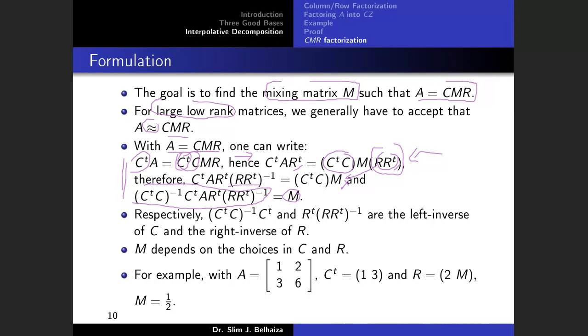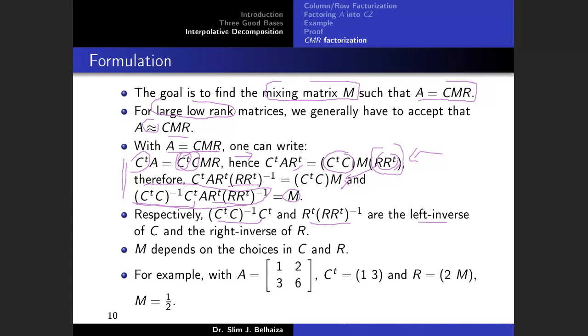So at the end of the day, you end up with M equal to CTC inverse times CT, times ART, times RRT inverse. Okay? Well, these two parts, this part is called the left inverse of C, and the other part is called the right inverse of R.